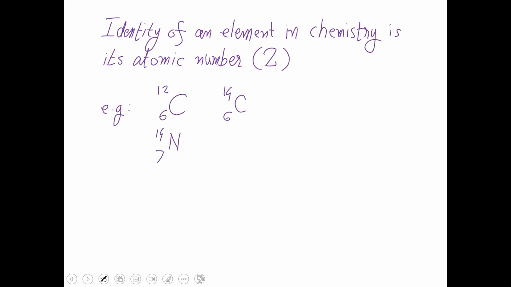Atomic number is the identity of an element. Oxygen 16, 8. Oxygen 18, 8. You have to copy this screen.